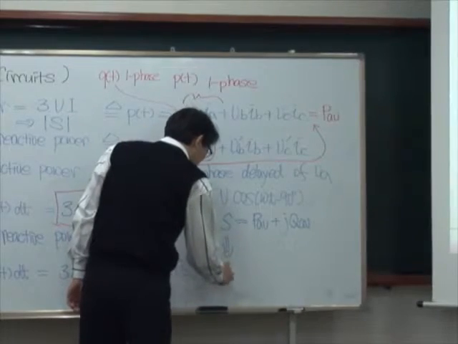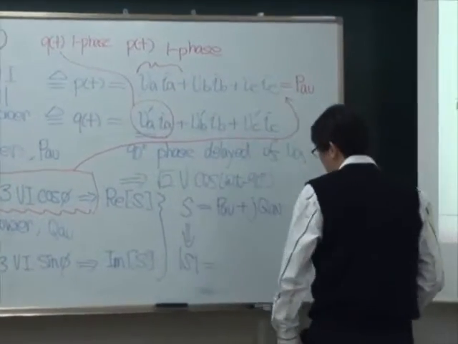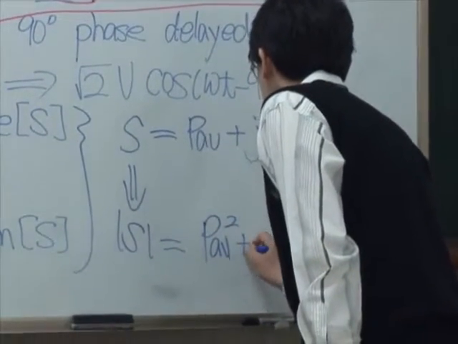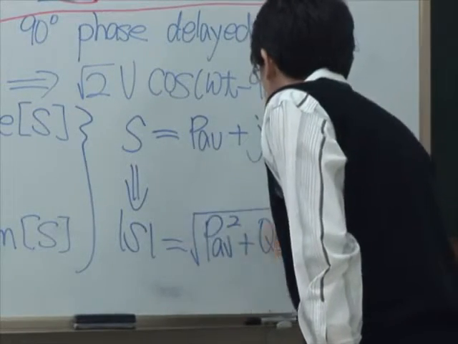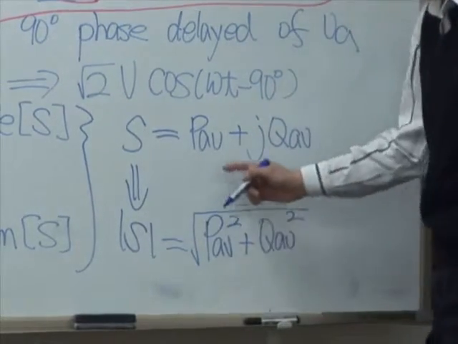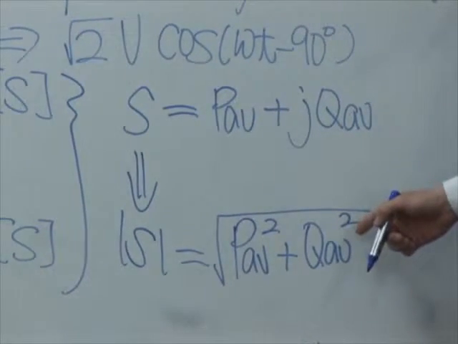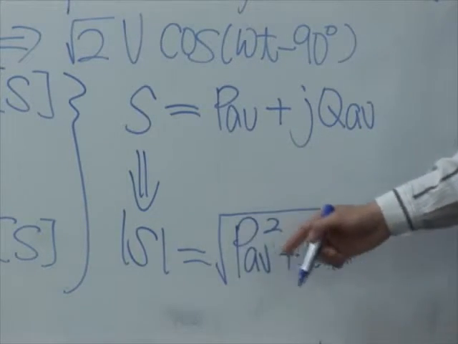When you obtain amplitude in complex variable, this is the amplitude, right? You square the real part and square the imaginary component, and you sum them and then take the square root.